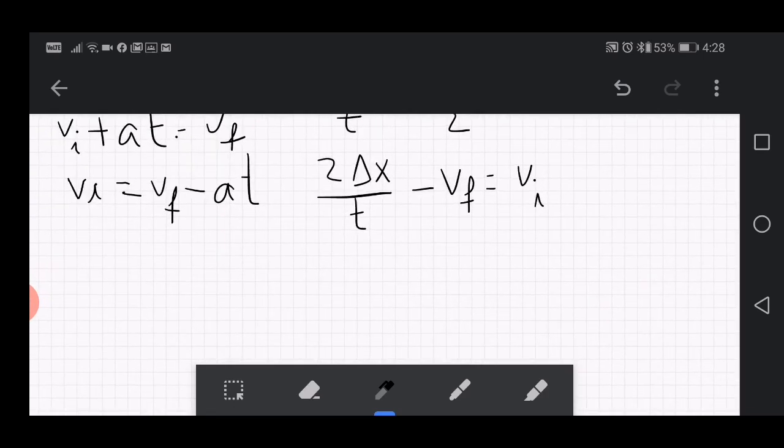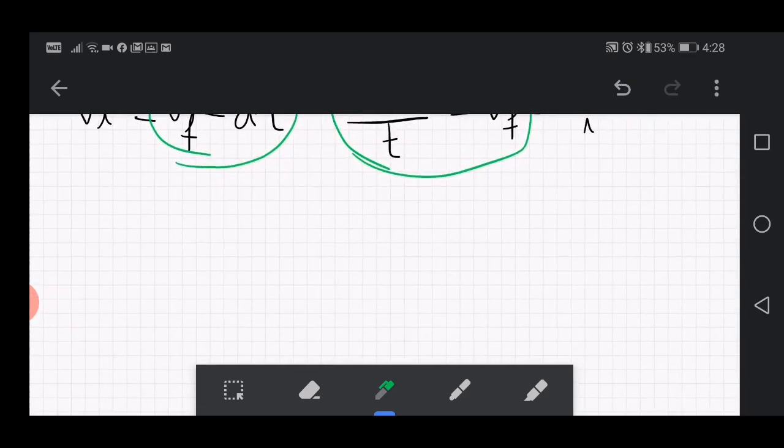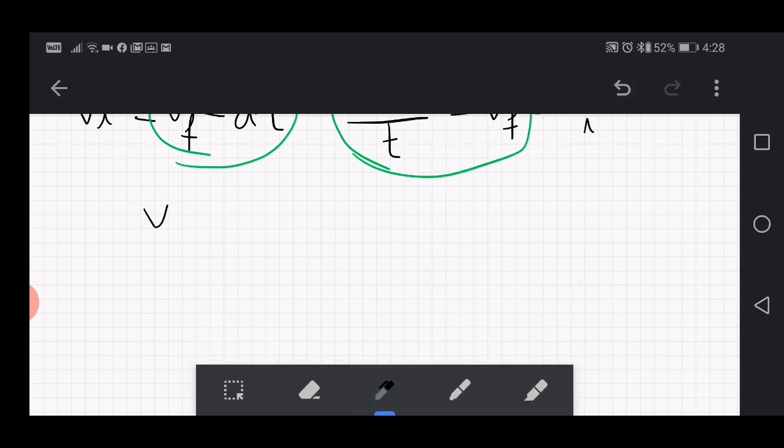Therefore, once again, you want to combine two things that are both equal to the initial velocity, and so your equation becomes final velocity minus at is equal to twice the displacement over time minus the final velocity.